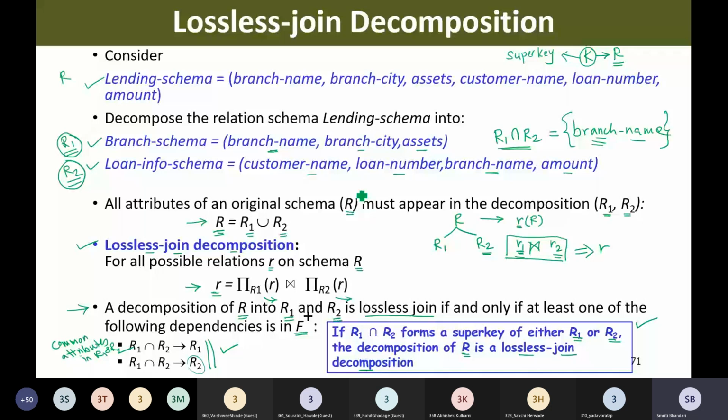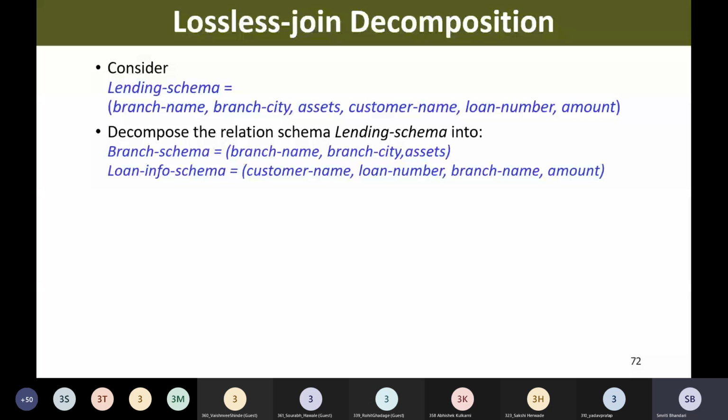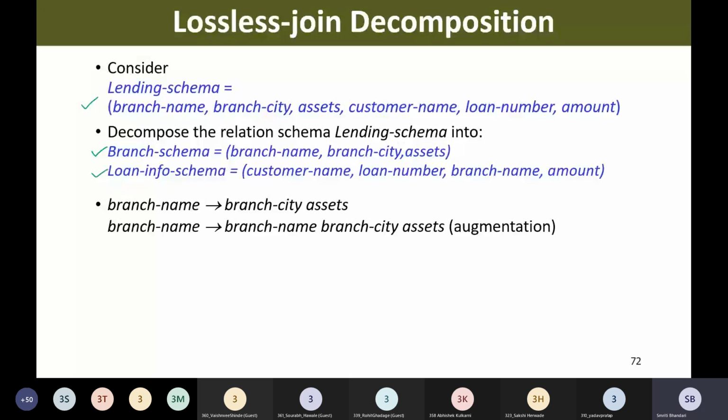If we know the branch name, it is possible for us to determine where that branch exists, or what is the location, what is the city where that branch is located. So branch name can determine branch city. Also, branch name can determine the assets of that branch.